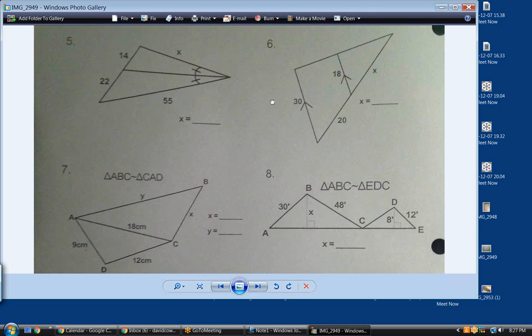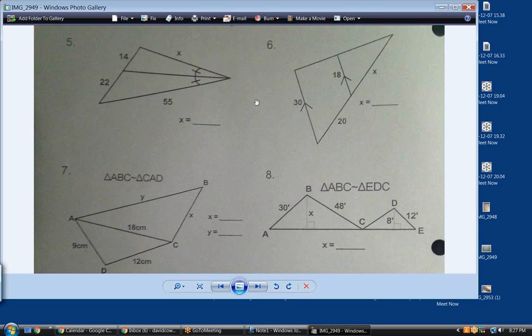All right, let's look at 6. Okay. We got two similar triangles, you see them? Yeah. Not this and this, but this and the big one. That's what's similar. Okay? So what ratio can I come up with?